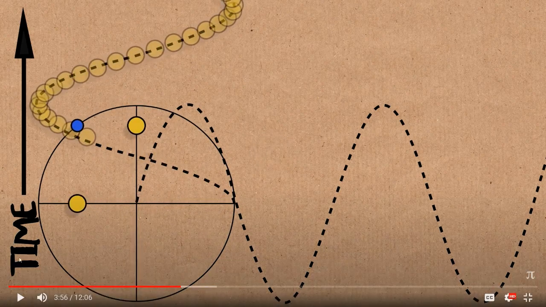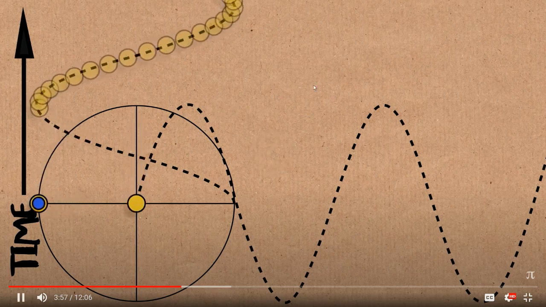Okay, before I let him go further, right? So this curve right here, this one with the little balls going along, this is tracking the horizontal position. So as that blue cart is moving around the Ferris wheel horizontally, first it's going this way, right? And then when it gets down here, it starts going the other way. So that's why we have this sine curve going up like that.